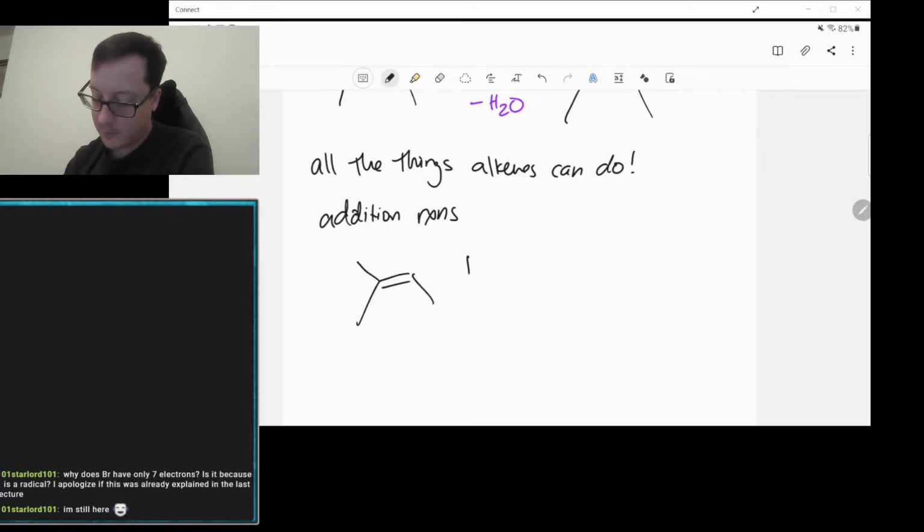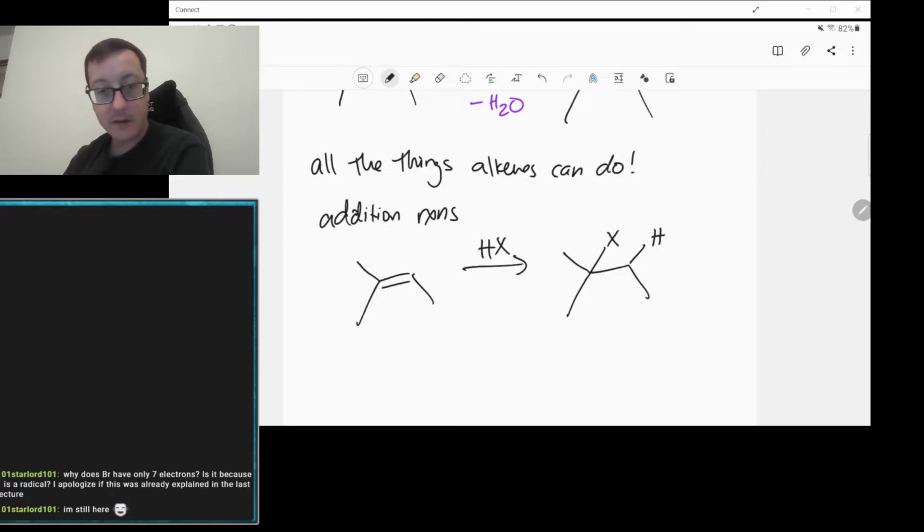We're going to see that if we take our alkene in the presence of some sort of hydrogen and halogen, we will end up putting them on different carbons, right? We're going to add to our pi bond. So we're adding a molecule across it. And we're going to look at what that looks like.